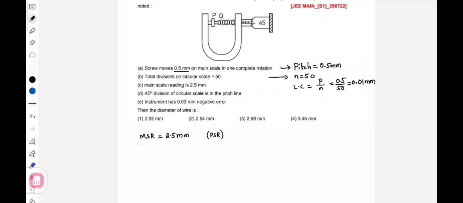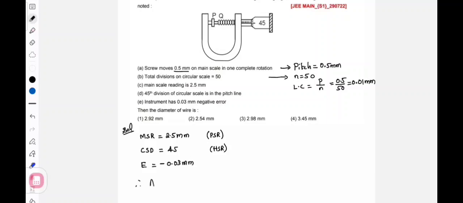Both are the same. And the 45th division of the circular scale is in the pitch line, meaning it is coinciding with the index line. So CSD, or sometimes HSR, head scale reading, is 45. Error of the instrument, they gave, no need to find: 0.03 mm, but they mentioned negative error, so put minus.